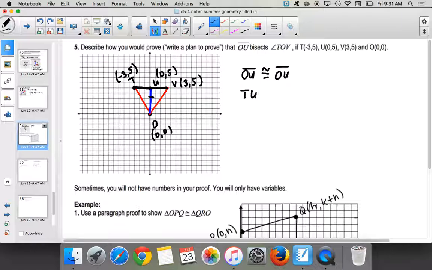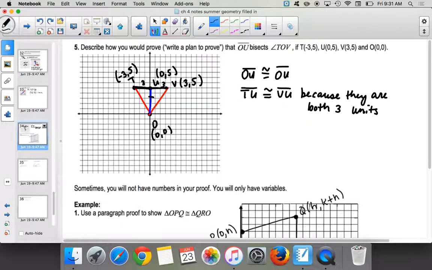Can we say that TU is congruent to VU? And why can we say that? Can you tell from the picture? How many units long are they? Yeah, they're both 3 units. They have the same measurement, right?